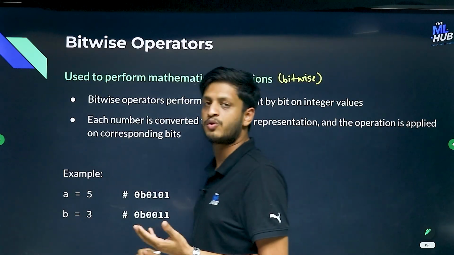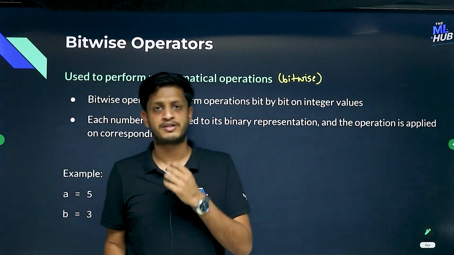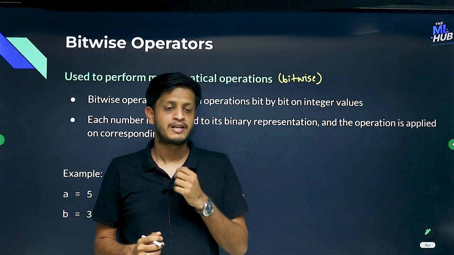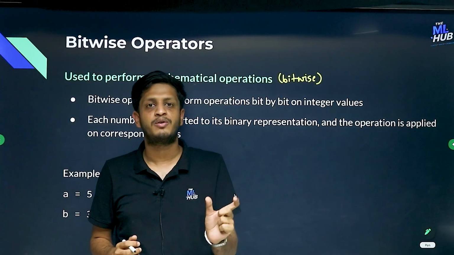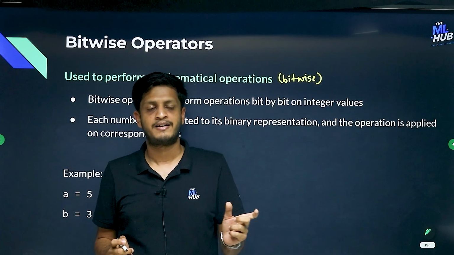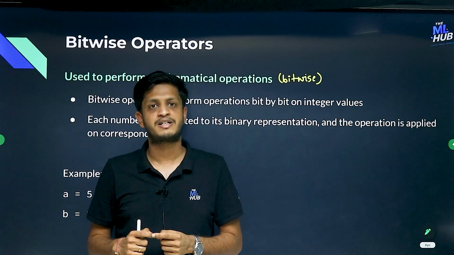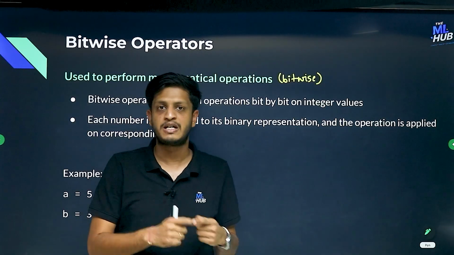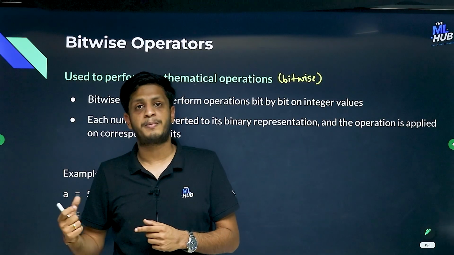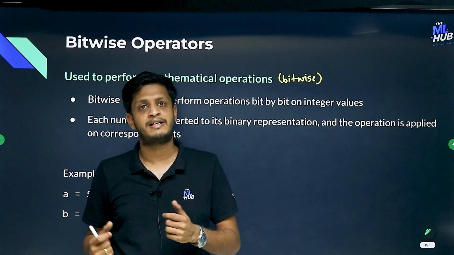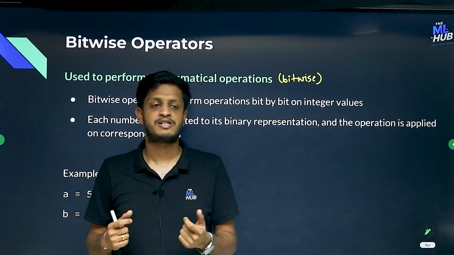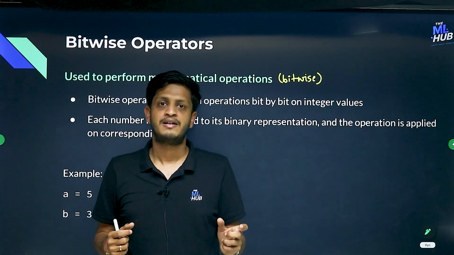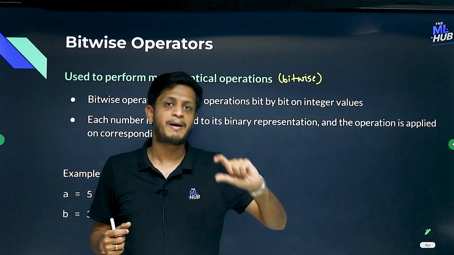Actually, they are already stored in binary in the computer. So when you are writing a number in a variable, actually it is stored in its binary only, like 10010 like that. So actually performing bitwise operations is not that costly. It's actually very cheap. Performing arithmetic operations is much more costly than performing bitwise operations, because internally when you are adding two numbers, the compiler has to add their binary only.